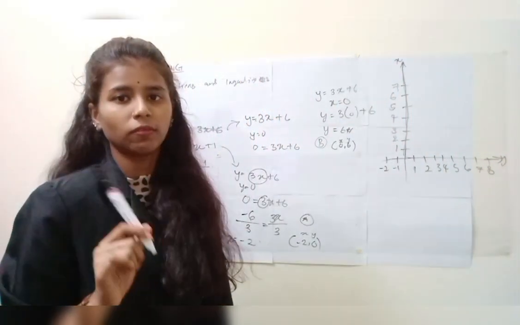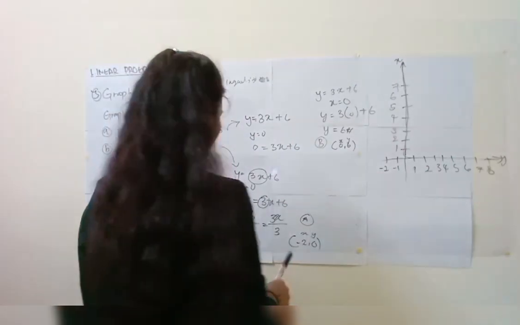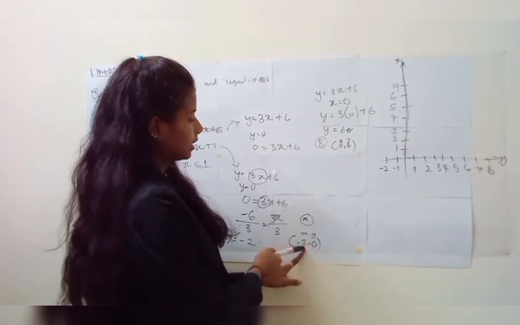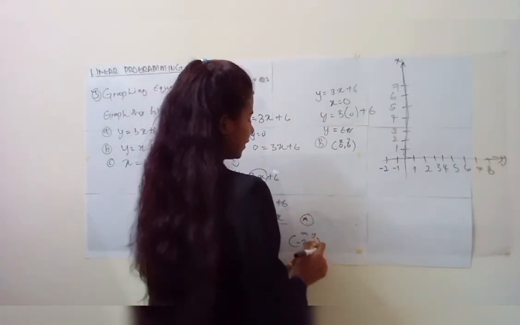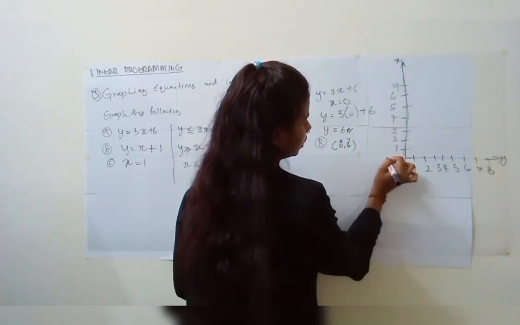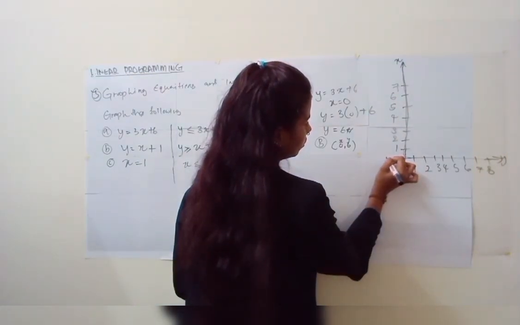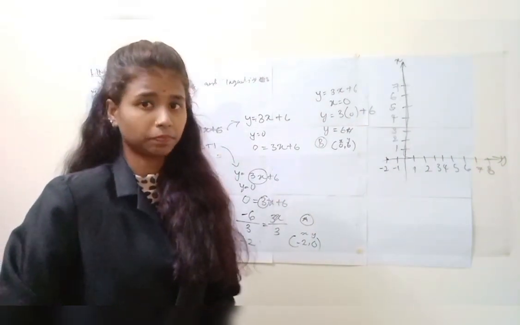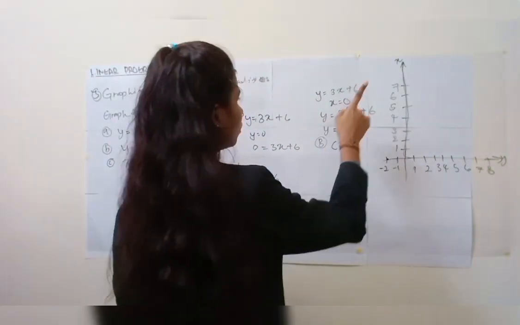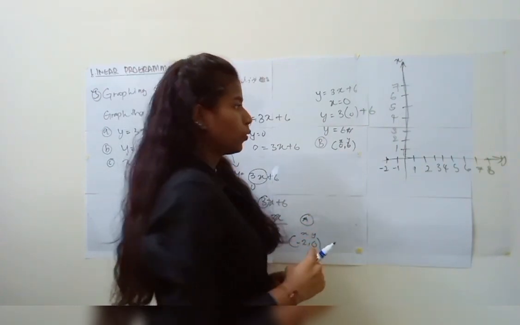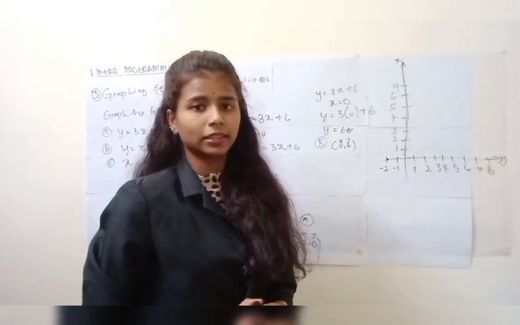So you must plot the first one, which is A. In x negative 2, and then the y is 0. So here. And then the second one is this one, the B. X is 0, and then y is 6.